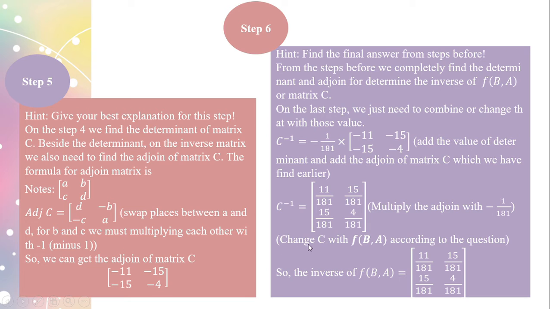So we need to change C with F in bracket B, A according to the question. So the inverse of F in bracket B, A is equal to the matrix 11 over 181, 15 over 181, 15 over 181, and 4 over 181.